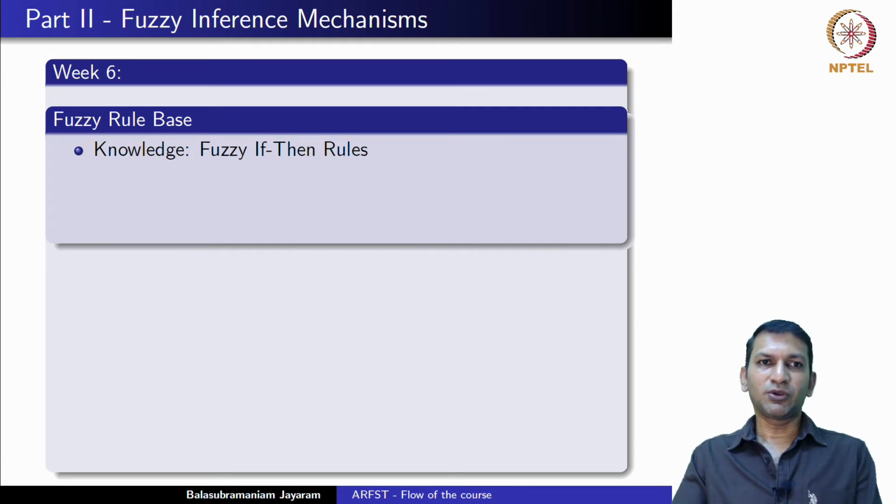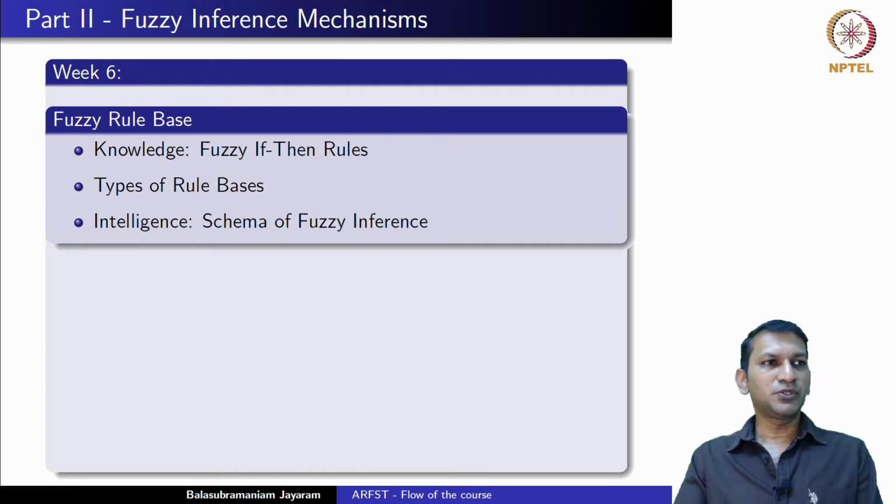And as was already mentioned, not a single piece of knowledge, but many pieces of knowledge. That means we will have many fuzzy if-then rules which form a fuzzy if-then rule base. We will also take a look at the different types of rule bases available to us. And for reasoning, knowledge alone is not enough. That is where intelligence comes into the picture in the form of different schemes of fuzzy inference.